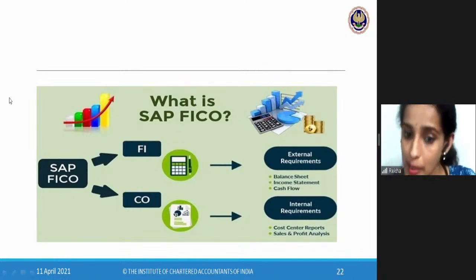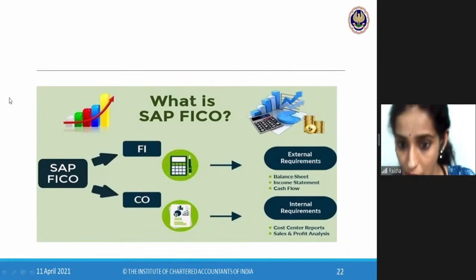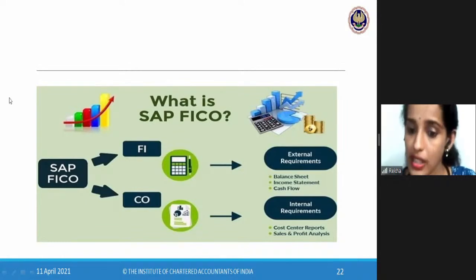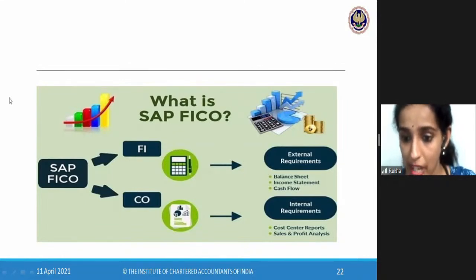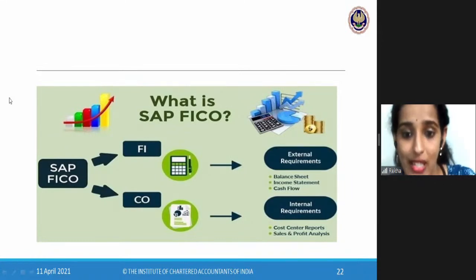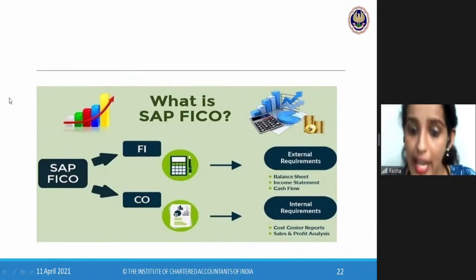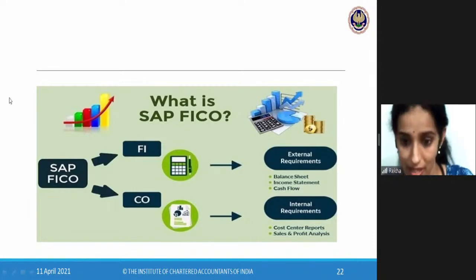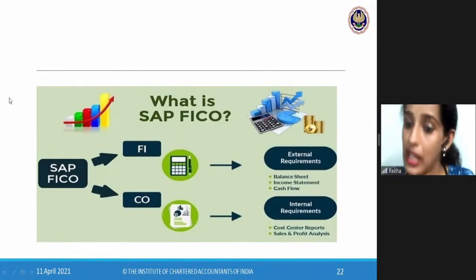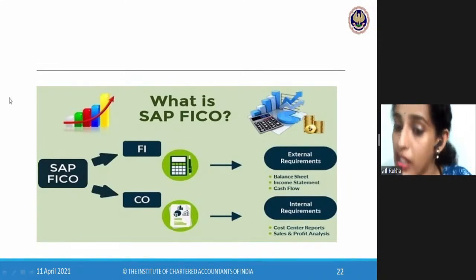Say if there is a product being sold or a product being manufactured, now whether the product has been manufactured within the budget allocated to it, or whether the expenses are within the budget, or whether the revenue generated is as per the forecasted profit. Now you have to do a comparison. This will be done by the controlling module. The financial module doesn't do that.